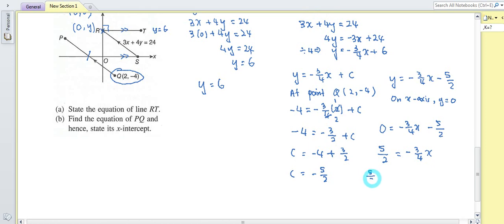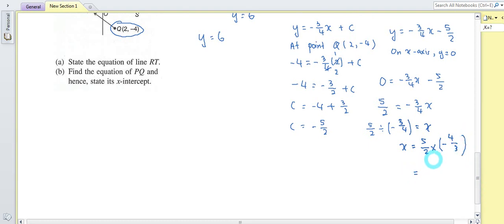Okay, so this one is divided, this is multiplied by x, right? So it becomes x equals the positive number divided by 3 over 4. You can press the calculator. If you don't want to, you can change it to multiply, then invert the fraction and it becomes 4 over 3.